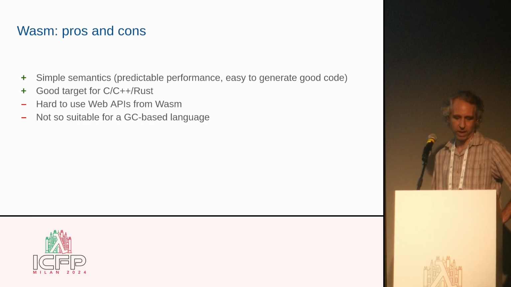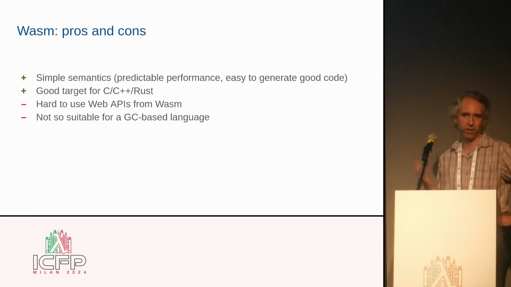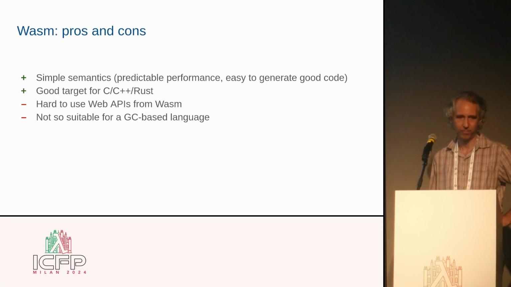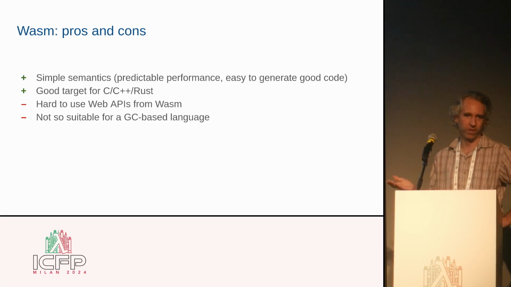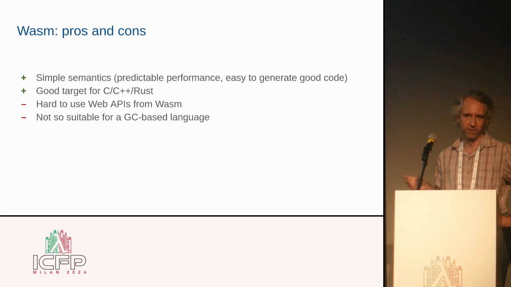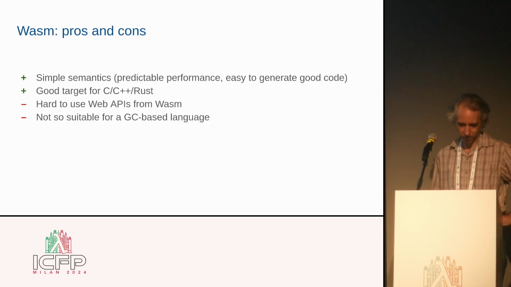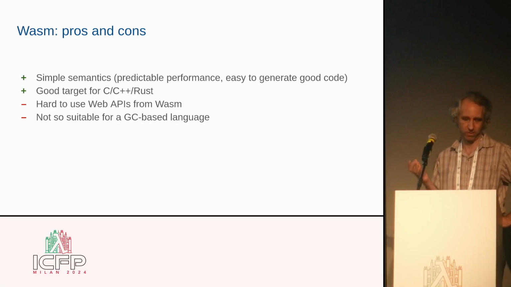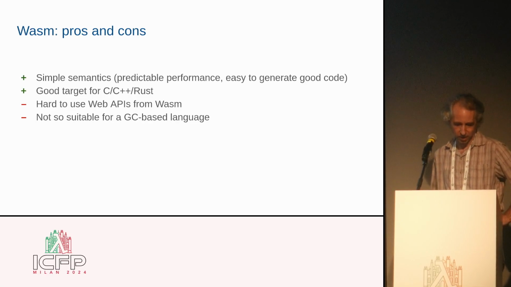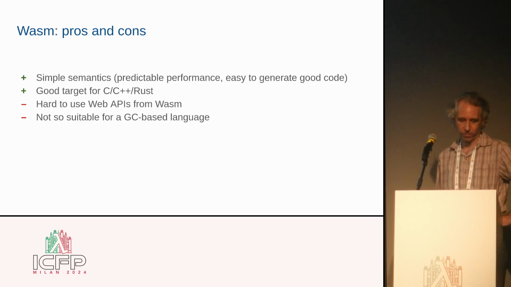However, it's hard to use it for web programming because you cannot directly manipulate JavaScript values. You typically have to store them in some table and have an ID. And you have to manually release the values. Also, it's not very suitable for supporting a GC-based language.